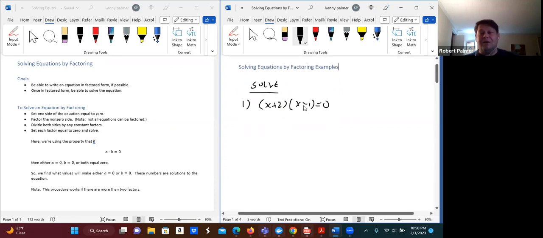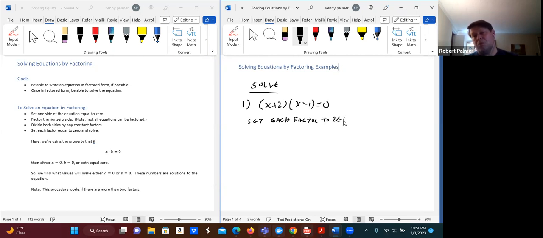The idea here is, since these two factors are multiplied together, if either one is 0, it'll give you a true statement. 0 times anything is 0. So what we want to do now is find the values of x which make each one of these factors 0. That's what will give us a true statement. So what we do is set each factor to 0 and solve.